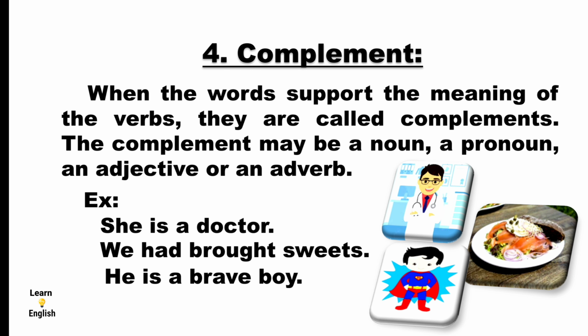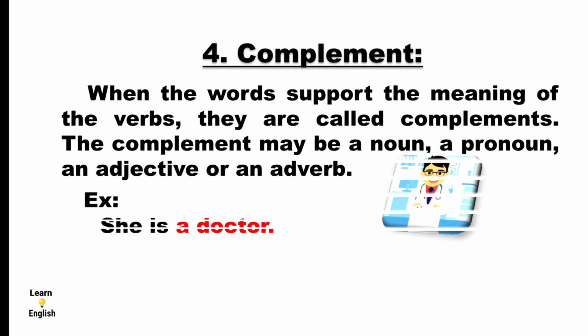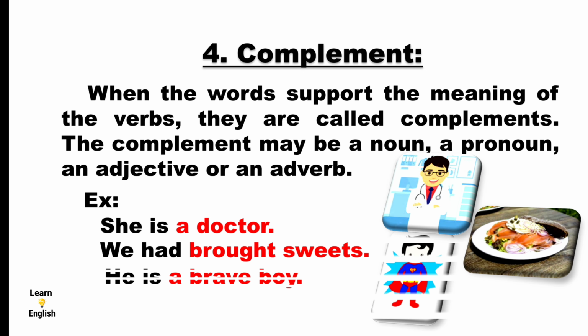In the above sentences, a doctor, sweets, and a brave boy are complements. When a sentence has helping verbs is, am, are, was, were, has, have, had, etc., the predicate is always a complement.